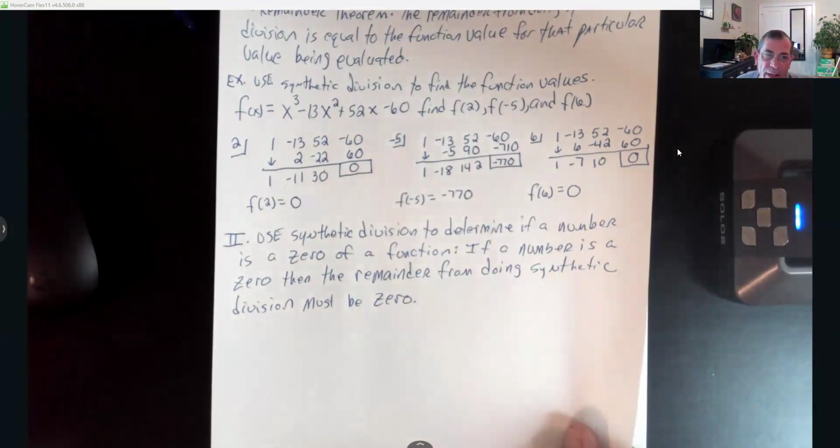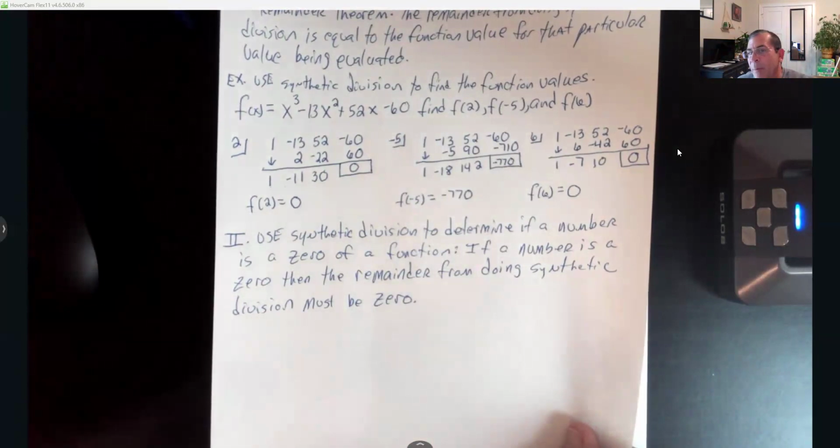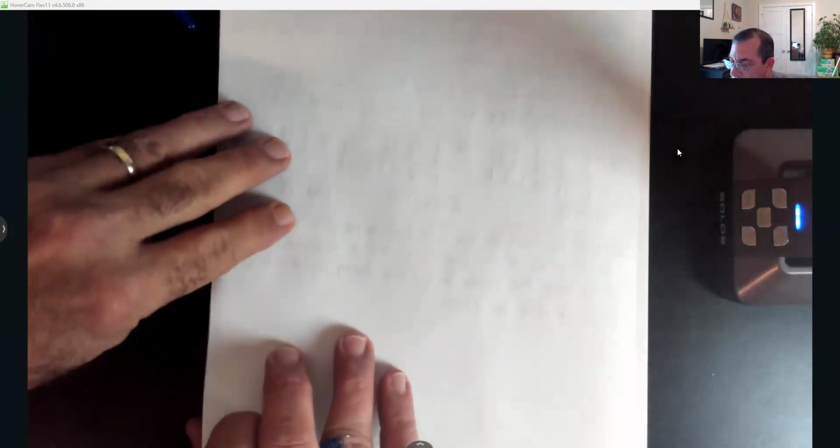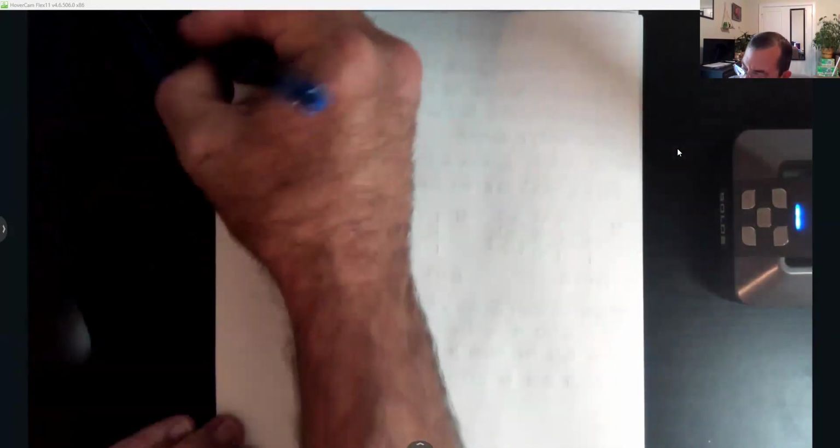I also want to flip my page and we'll start doing some examples to determine if a number is a zero, okay? So synthetic division, I always liked it. It's not too bad once you get used to the pattern on these, okay?